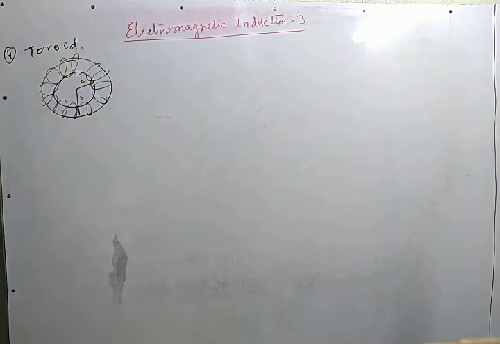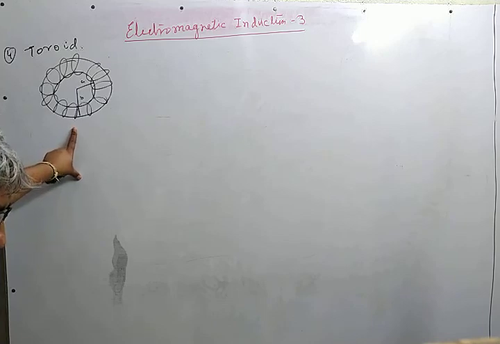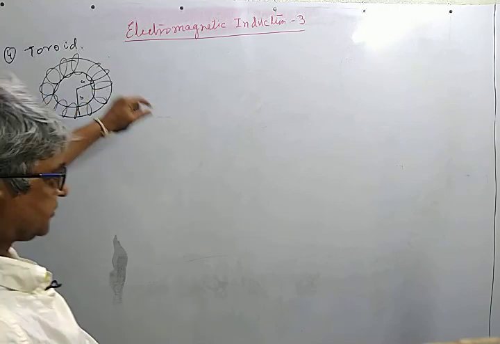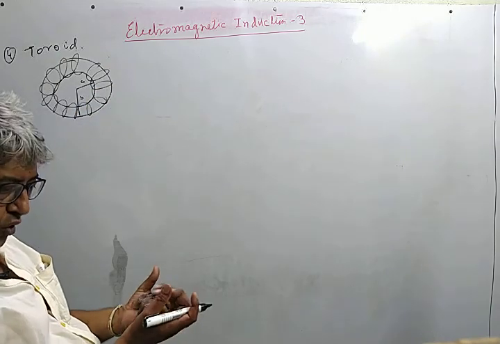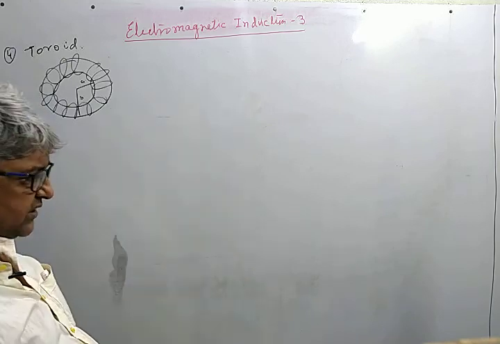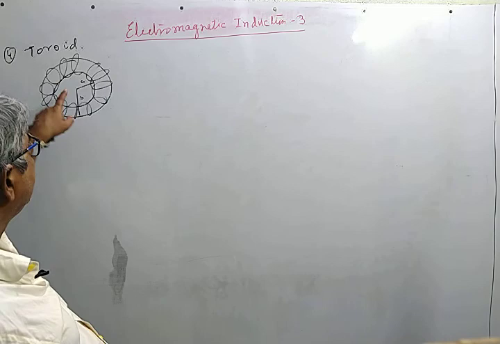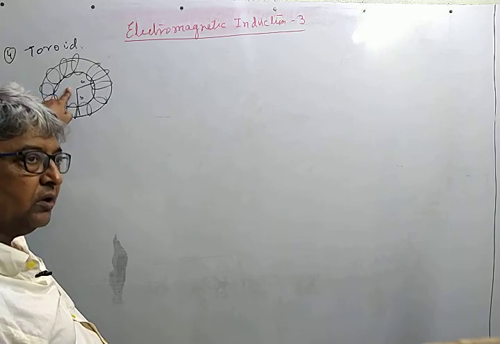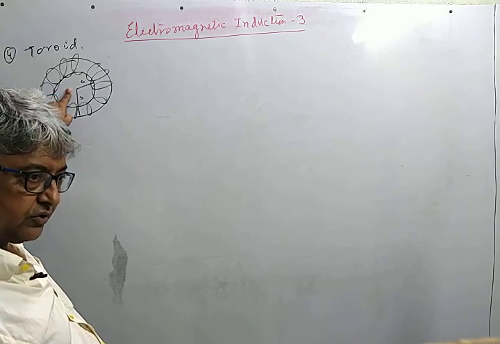The name of the toroid is given as per its cross-sectional area. If the cross-sectional area is a circle, that is, if we take a cylindrical pipe and bend it to form a circle, then that will form a toroid of circular cross-sectional area.